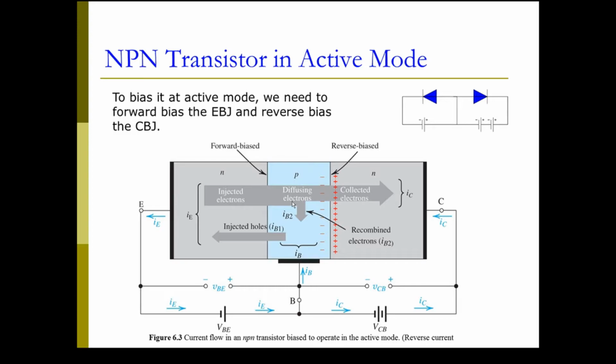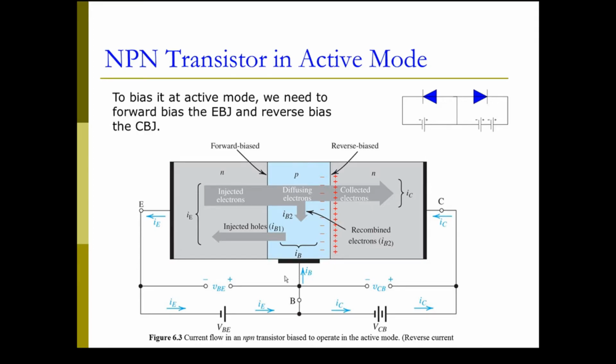If the base is narrow enough, when the electrons diffuse to the boundary of the CBJ, because the CBJ is reverse biased and we have this electrical field, this electrical field will drive the electrons quickly into the collector side, which forms the collector current. Now this current is going to be much stronger than the injection current we injected from the base. This is the mechanism of how the transistor amplifies the current.